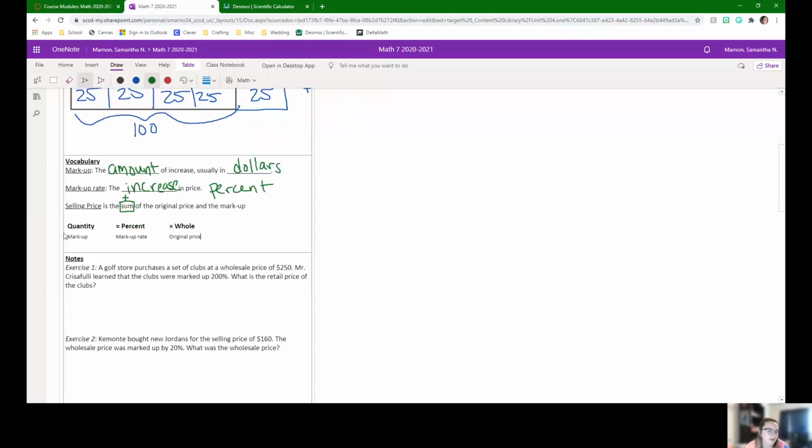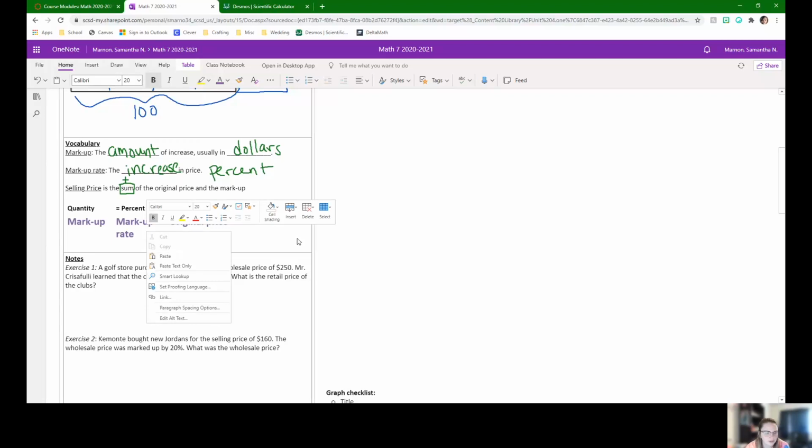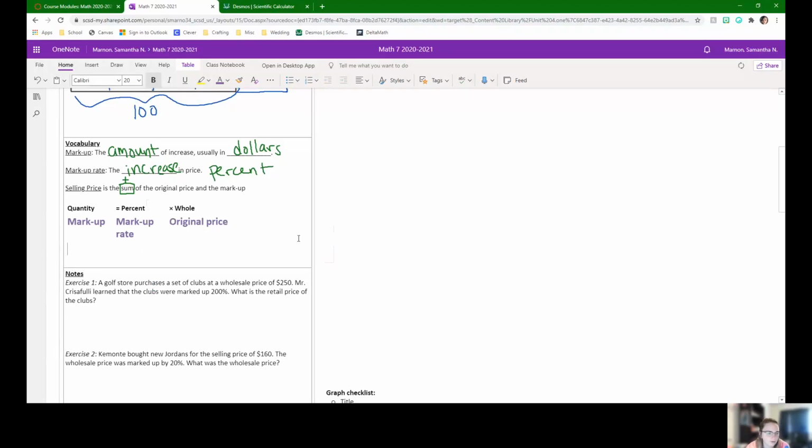But there's another way we can do this, just like there was another way we could write out our percent increase and decrease. Let me just make this bigger and purple for us. I'm going to insert another row below. The other way we do it is we could do the selling price.